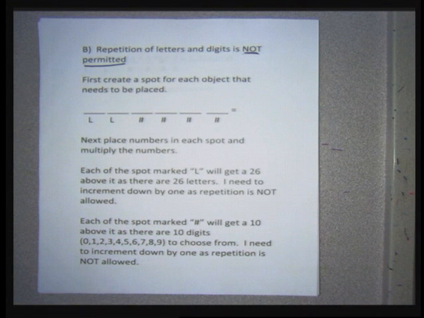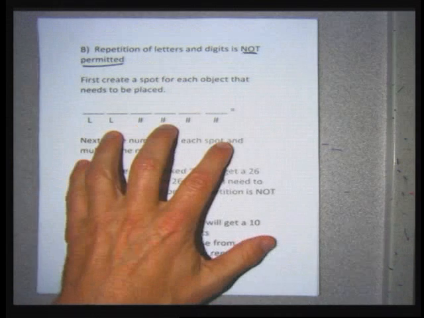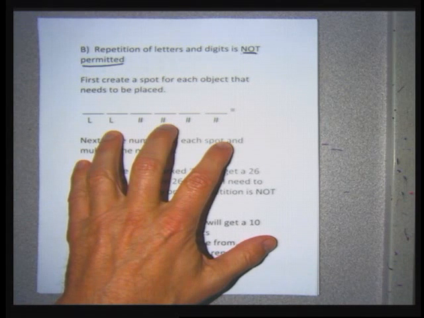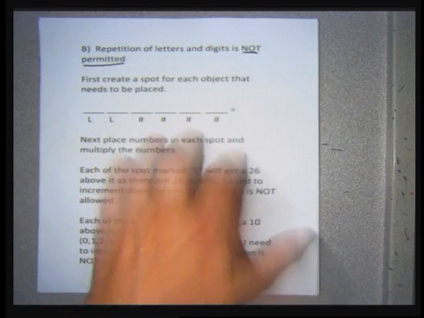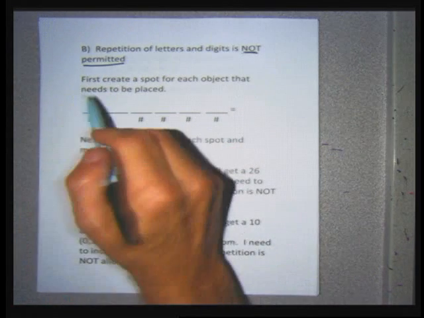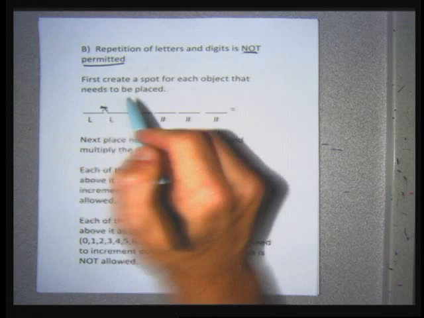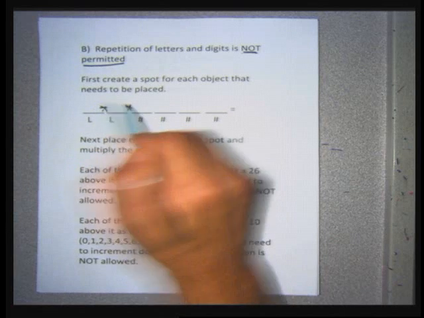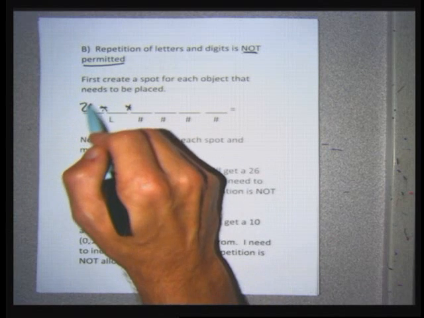So I'm going to set up the problem the same way because the passwords in part B of this example are structurally the same. They're 2 letters followed by 4 numbers, but when I go to put my numbers in, I'm going to need to increment down because once I pick a letter, I can't use it again.